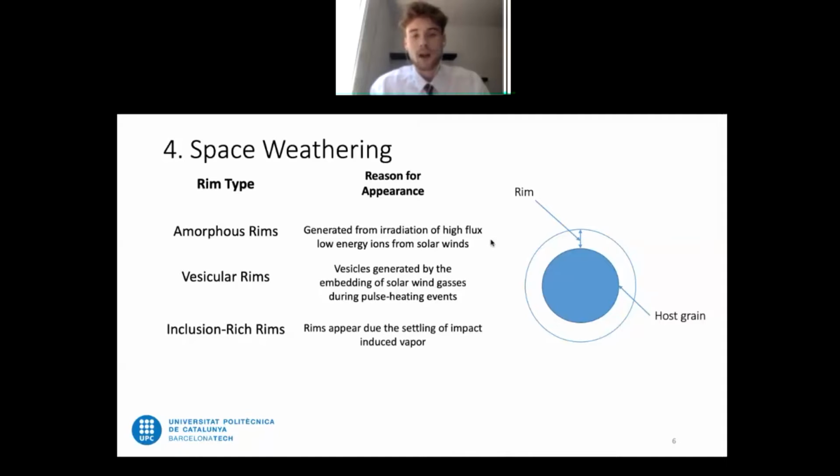Effectively, this goes hand in hand with vesicular rims, as once a micrometeorite impacts, it extremely heats up the surrounding areas and the soils, effectively melting the soils and creating a vapor. The hydrogen ions from the solar winds are present within this vapor, and this vapor has extremely high temperatures, effectively creating an extremely reductive environment.